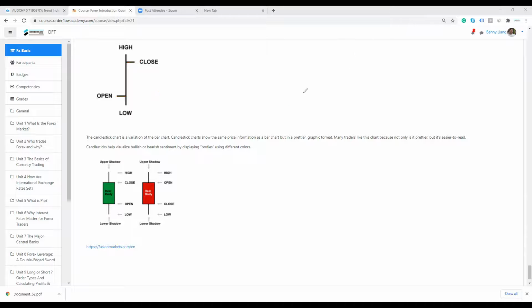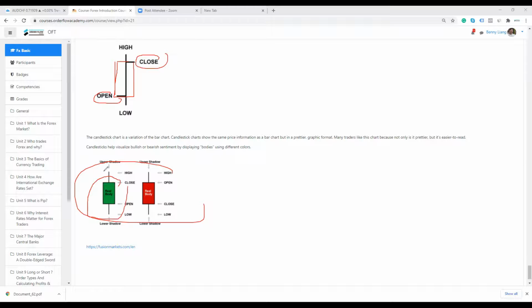You understand? Okay. So if you understand the bar chart, the next thing is quite easy. We talk about the candlestick chart. Basically, we just draw this like this, and it becomes a candlestick. See, it's already a candlestick. Again, no different here. If the opening price is below the closing price, we say this candlestick is bullish.